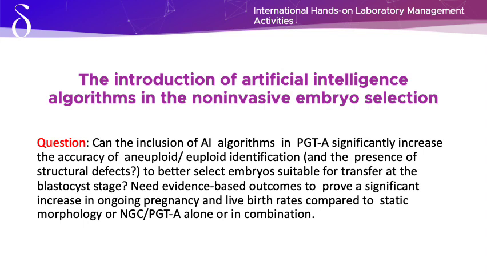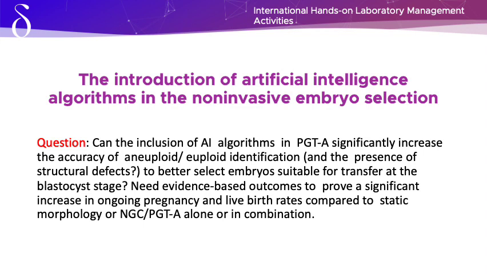So the introduction of artificial intelligence in all of these systems, as you'll see, these are artificial intelligence algorithms in non-invasive embryo selection, is another recent enhancement that has been placed on both next-gen sequencing and on the morphological only determinants of development in vitro, for assessing embryo competence, normality, and potential outcome.